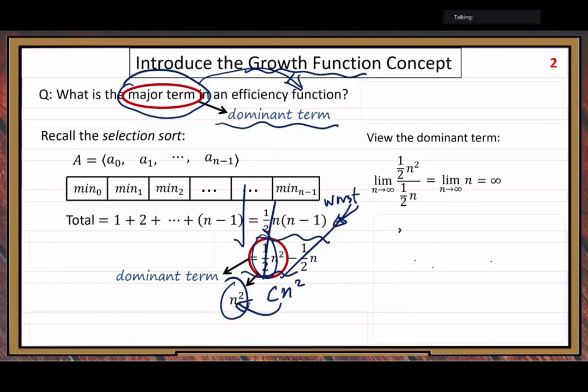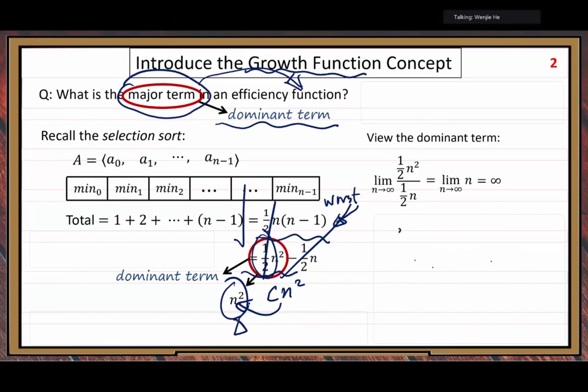Okay? So each category, we need a representative, right? So n squared is the representative of this category. All other functions in the same category are some constant c times n squared. This c cannot be 0.